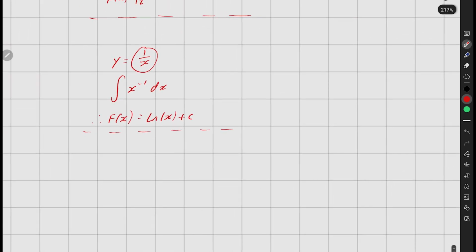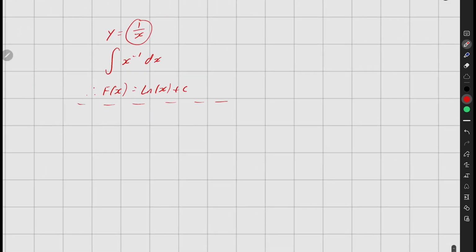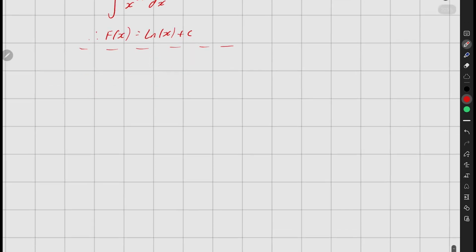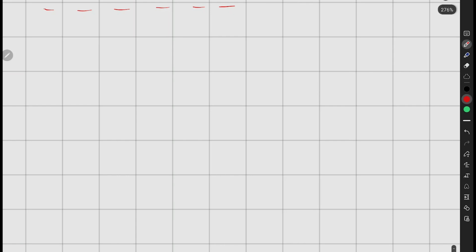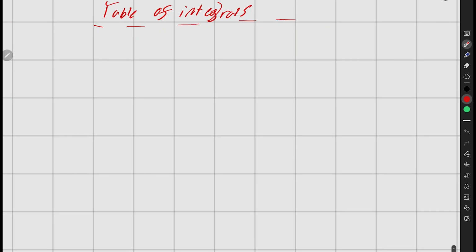Let's draw a table and go through a few different integrals, and you need to write this down so you can remember these. These are just going to be basic. Let's say your table of integrals, where the I will stand for integration, and we'll have our function here.